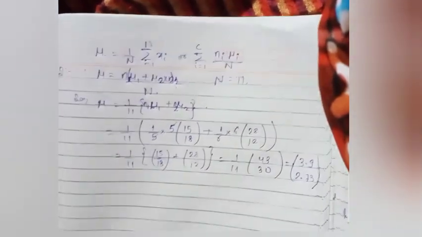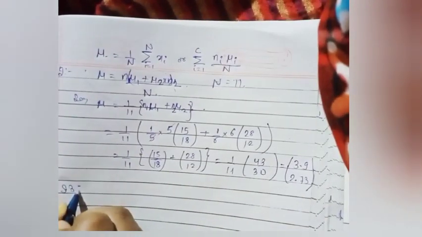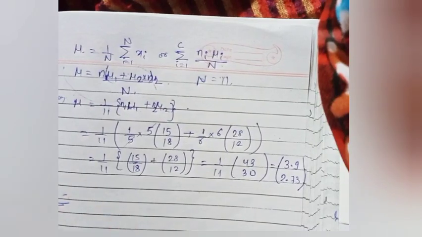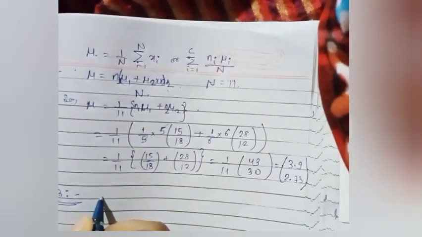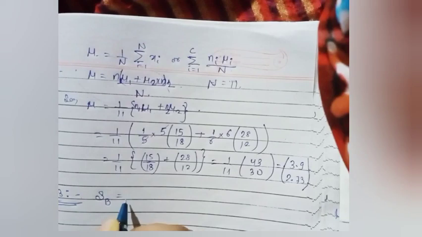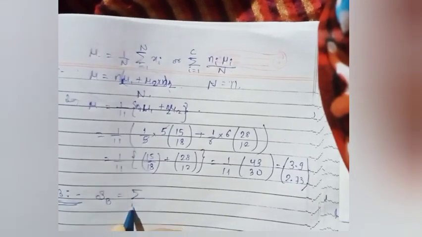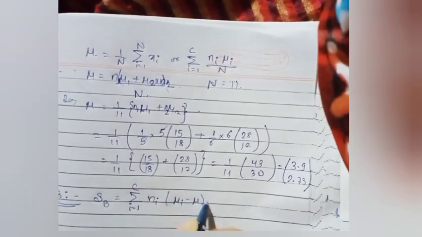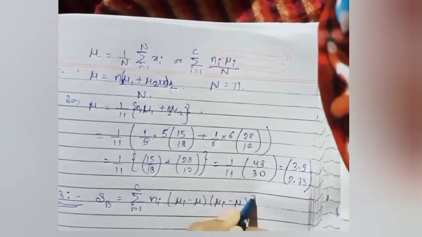Right. Now the third step is to compute the between-class variance, or the between-class matrix. Let's see what this is. The formula for this is given as SB equals summation of I from 1 to C, Ni (mu I minus mu)(mu I minus mu) transpose.